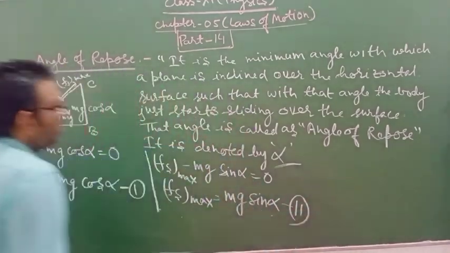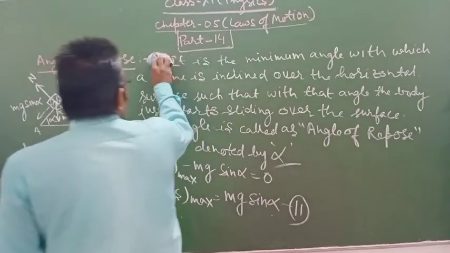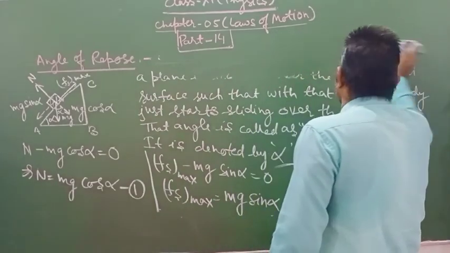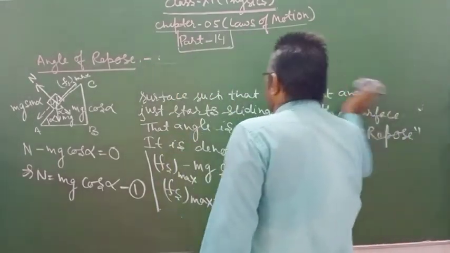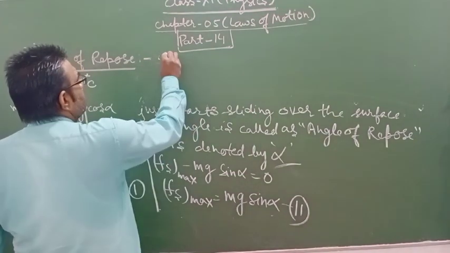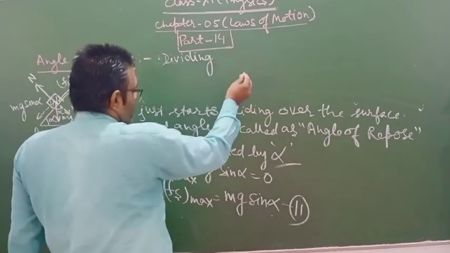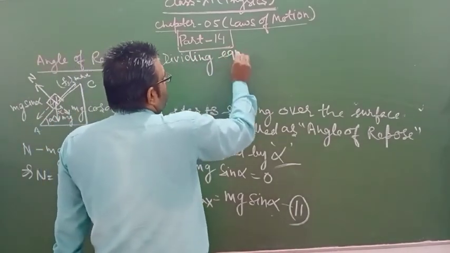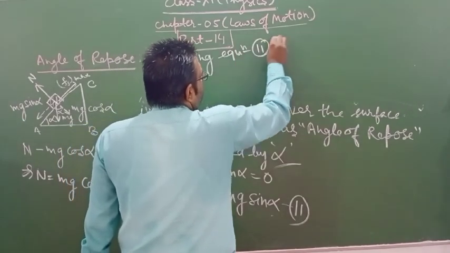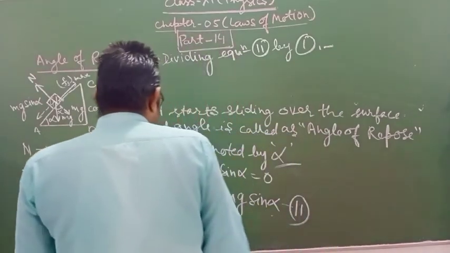This is equation number 2. Now dividing equation 2 by equation 1.